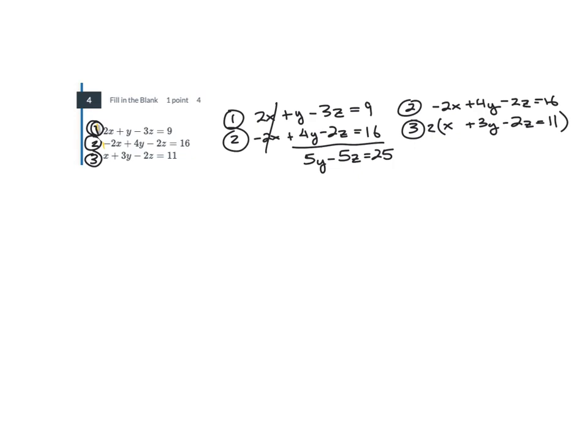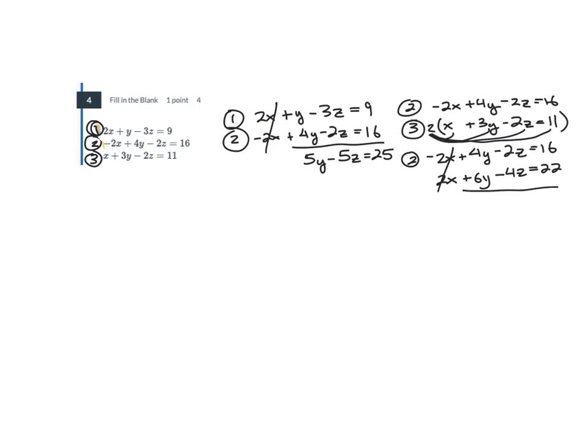So I have my equation 2, which is negative 2x plus 4y minus 2z. And then after I multiply everything in the second equation by 2, I have a positive 2x plus 6y minus 4z is equal to 22. So now I can eliminate my x terms, and I'm left with 10y minus 6z is equal to 38.